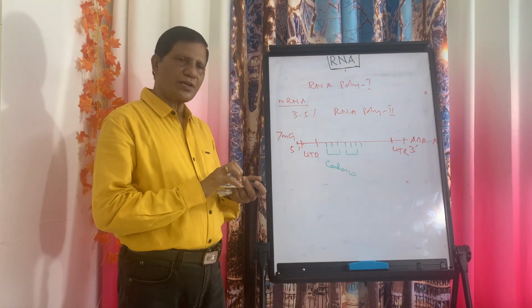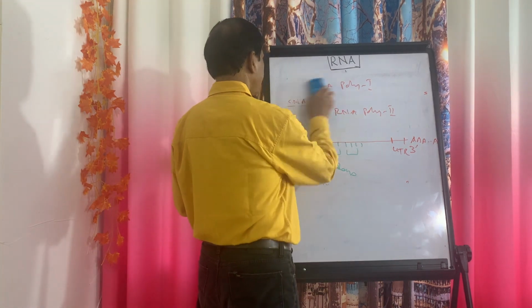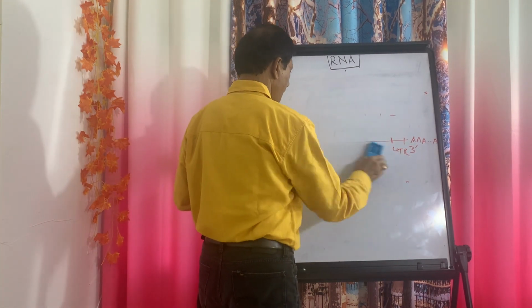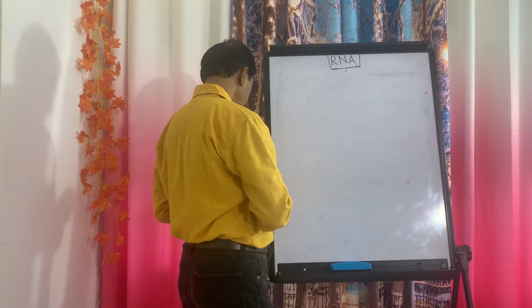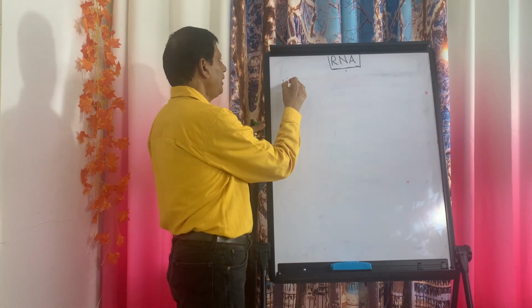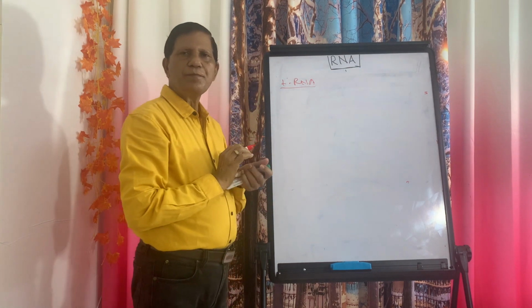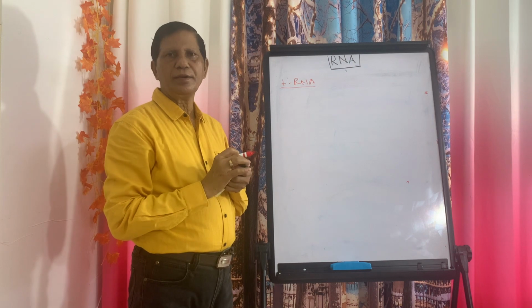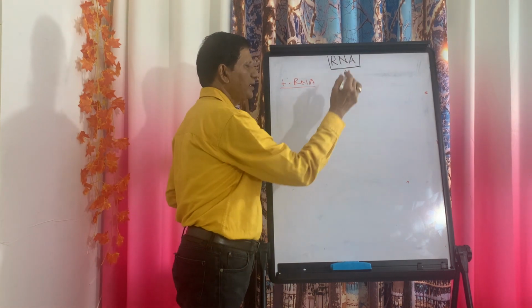Now let us come to the third one, that is transfer RNA. Transfer RNA is also known as adapter RNA or soluble RNA, and it constitutes about 15% of the total cellular RNA.